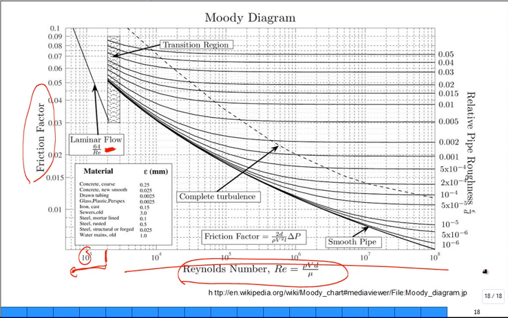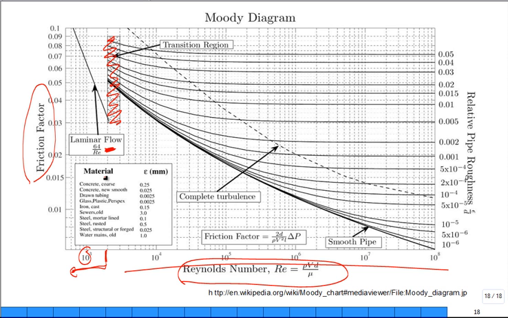Isn't this a log scale? And what is this scale? Can you see it's log? And it has really a slope of -1 on a log scale plot. Then they have this transition region. It is not a crisp demarcation between laminar and turbulent.